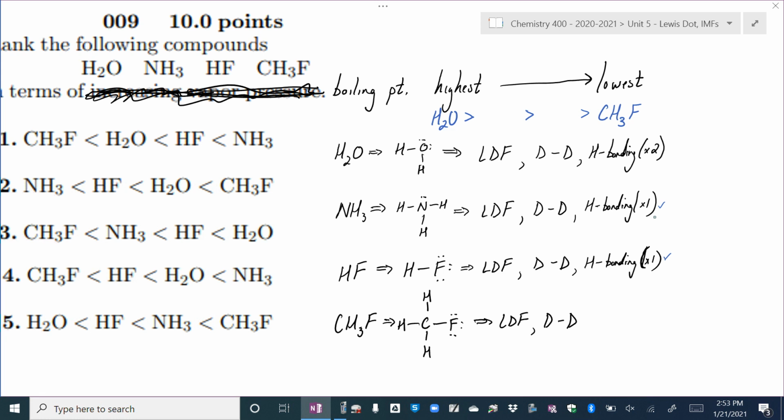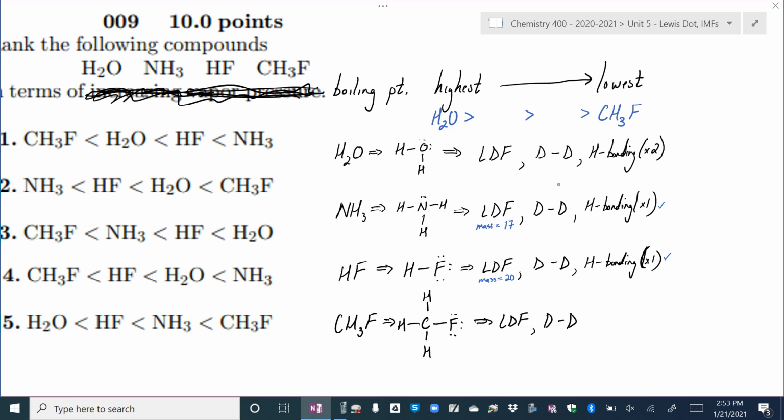In the last example, we compared LDFs and their mass. Well, the mass for this guy is 14 plus 3, so that's going to be 17. The mass for HF, just getting its molar mass from the periodic table, is 20. Not much difference there. Those are almost the same.